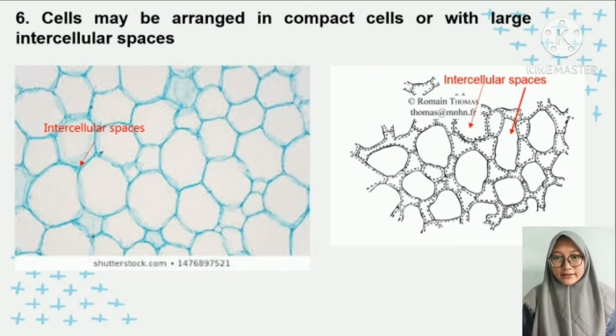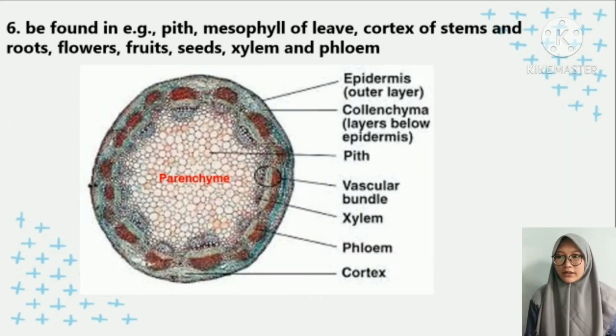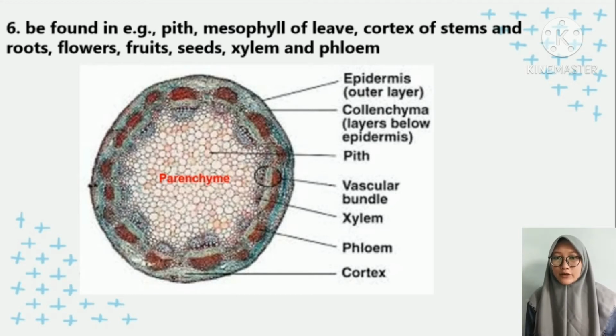And next, the characteristic of parenchyma. Cells may be arranged in compact cells or with large intercellular space. The picture shows the parenchyma with clear branched cells, intercellular space between the leaves of Canna. Parenchyma can be found in pith, mesophyll of leaf, cortex of stems and roots, flowers, fruit, seeds, xylem, and phloem.